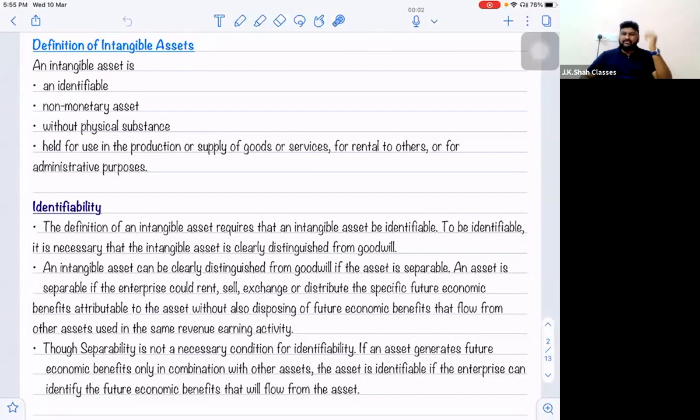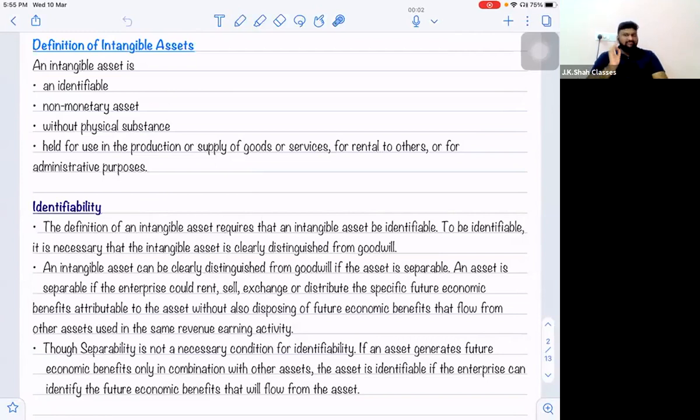In that year, it was for some 7 or 8,000 rupees. So that 7 or 8,000 technically was an intangible asset for me, and I capitalized it in the books of accounts. Reason, it is a lifetime subscription. I did not pay again and again. And that is helping me to provide services to all my clients and my students. So that becomes what? An intangible asset.